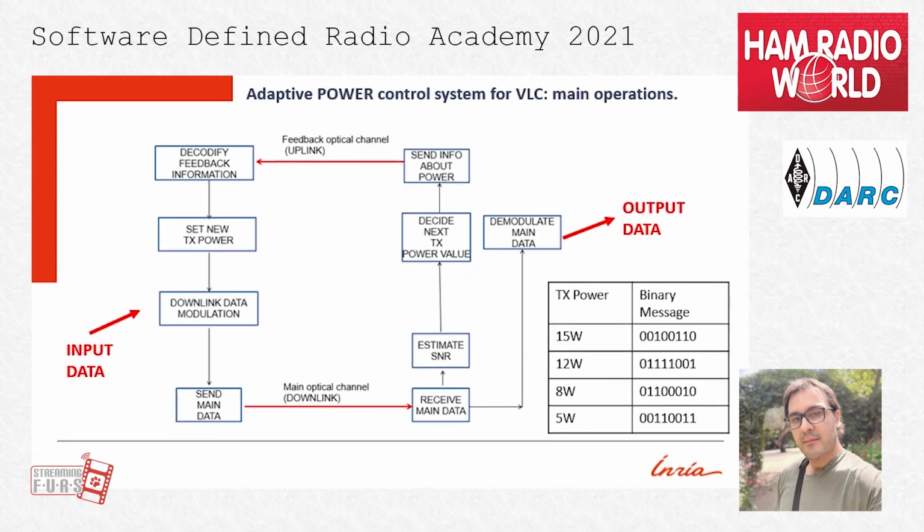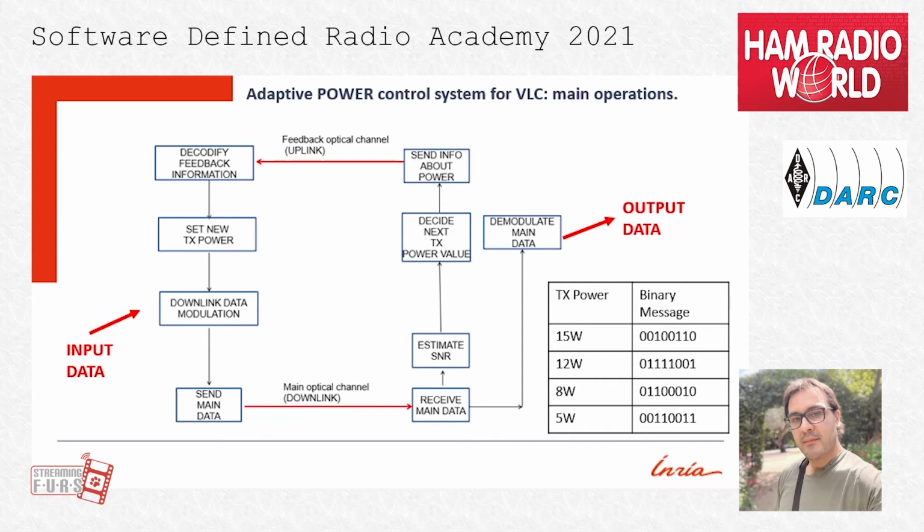A last example in which we are currently involved is an adaptive power control, which increases the power when the transmitter and the receiver are far away from each other and decreases the power when they are close to each other, in order to save power and to avoid some saturation effect when the transmitter and the receiver are too close to each other. In this case, we can always use signal-to-noise ratio for understanding what is the power that the transmitter should use.